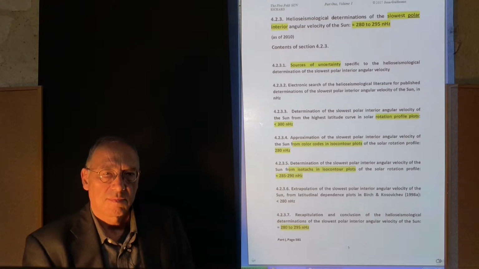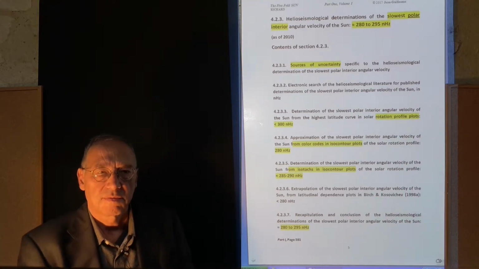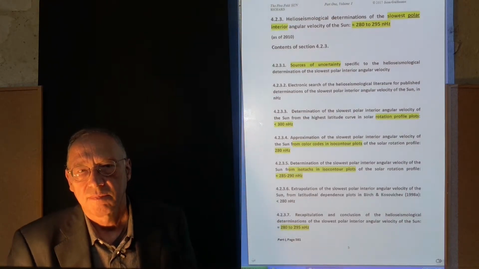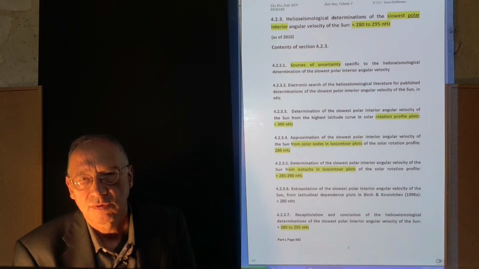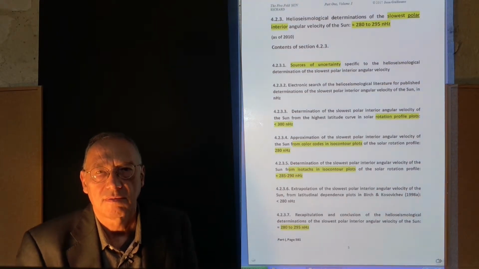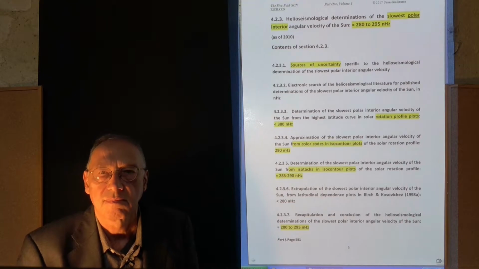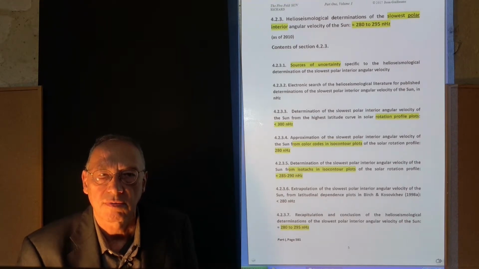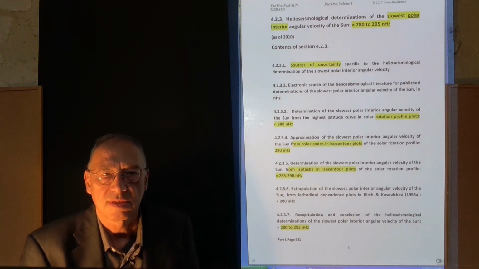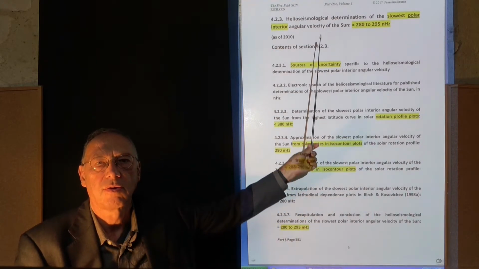Because of the problem with the line of sight from the Earth, the determinations that are most helpful for arriving at an estimate of the polar rotation in the Sun is a helioseismological one.